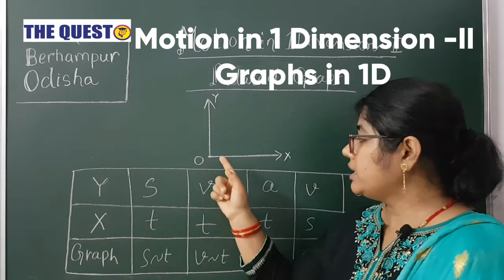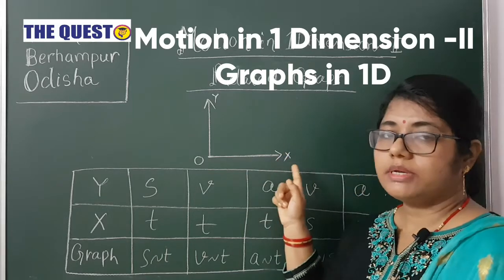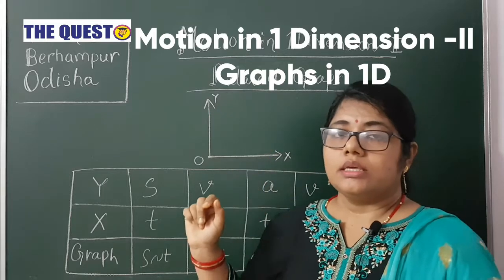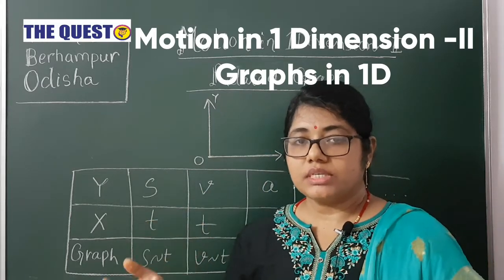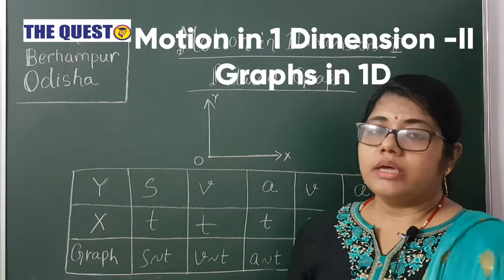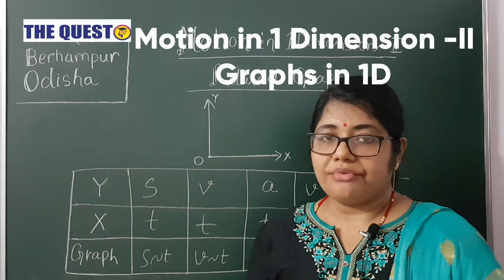So if we replace this x-axis with time or displacement and this y-axis with the variation of the different physical quantities on one-dimensional motion, then it will become a one-dimensional plot or one-dimensional graph.